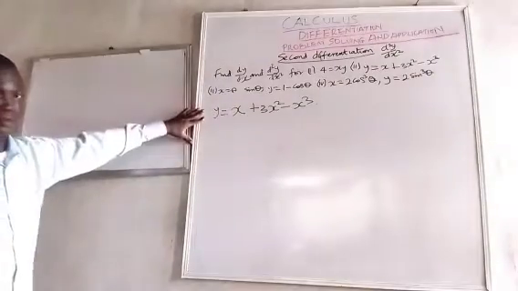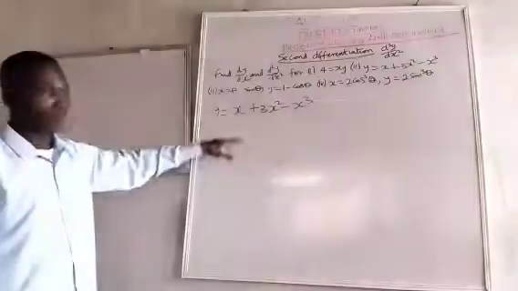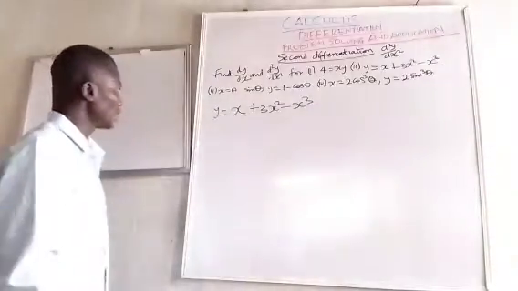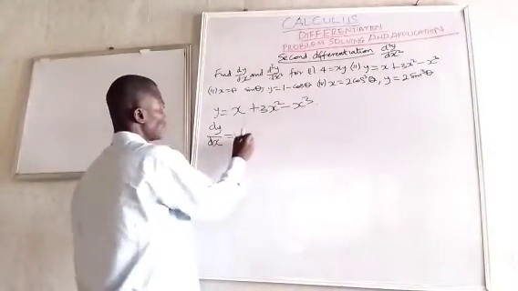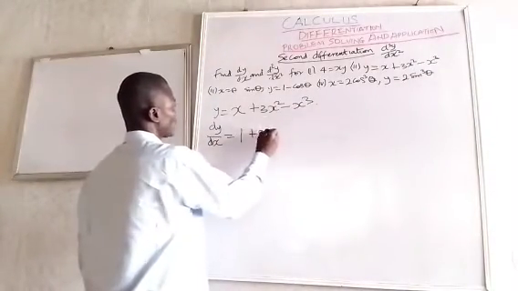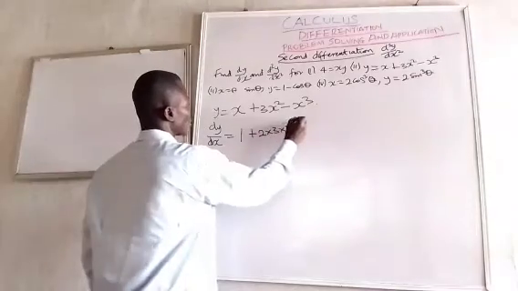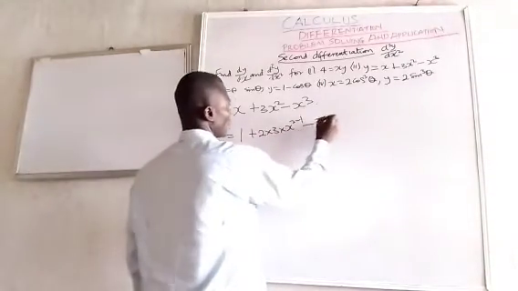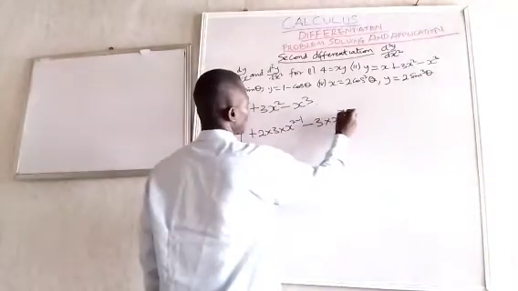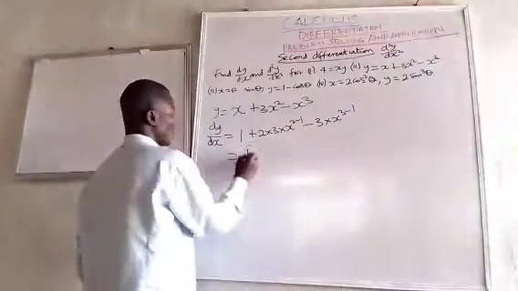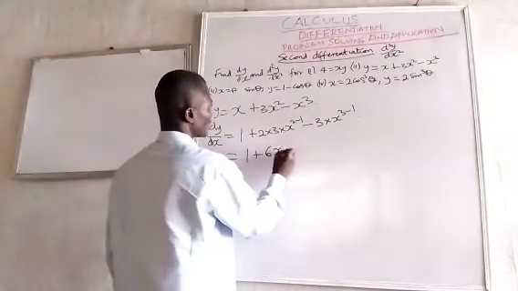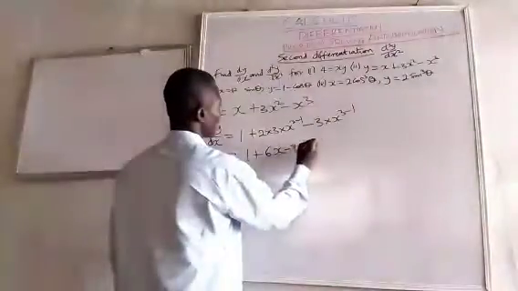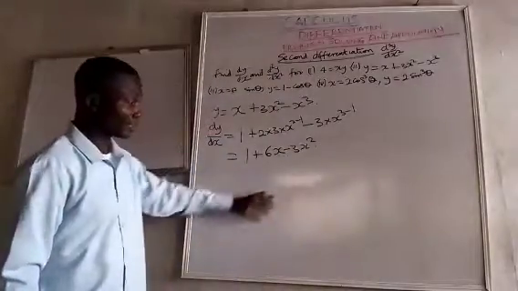Okay, the next one: y equals x plus 3x squared minus x cubed. So let's quickly do it. dy/dx will be equal to 1 plus 2 times 3 times x raised to the power 2 minus 1, minus 3 times x raised to the power 3 minus 1. So this is 1 plus 6x minus 3x squared. Very straightforward.